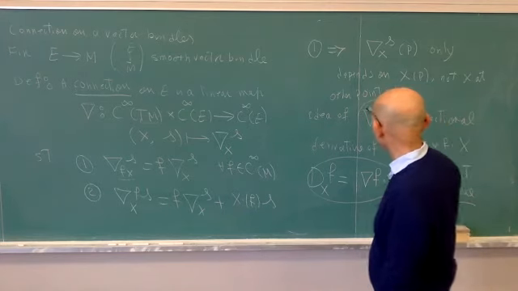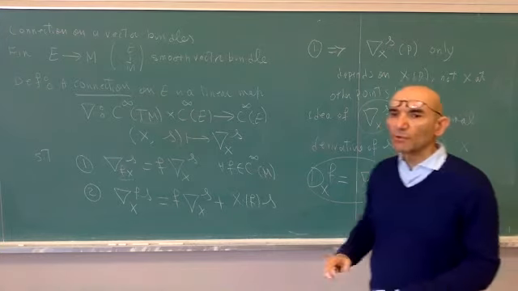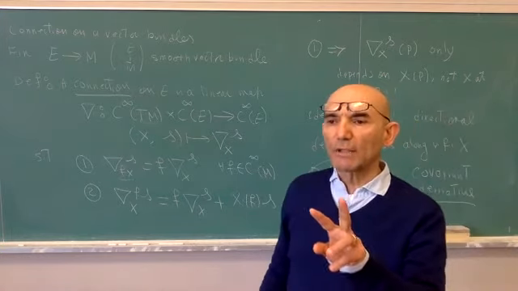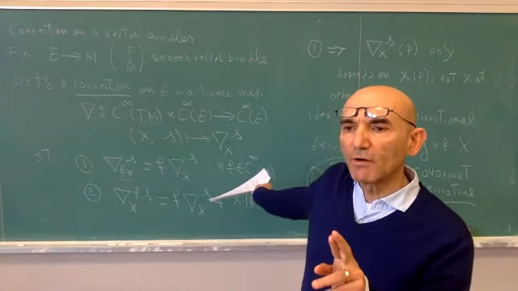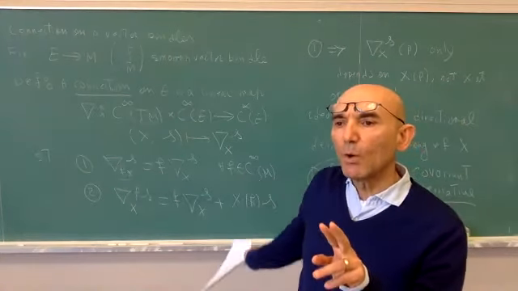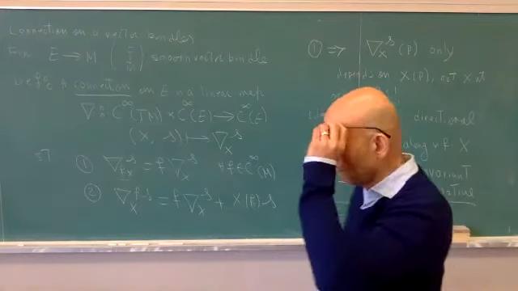You understand what it's saying, right? It means that if you have two vector fields, X1 and X2, that only match at P, then the values of this covariant derivative of S at P also match. At P they match, right?